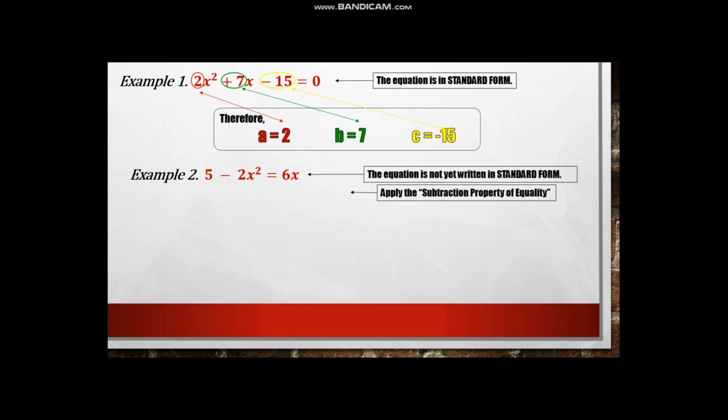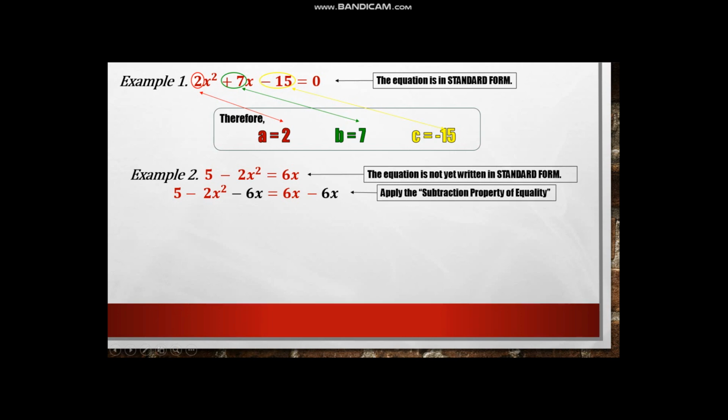Many of us are fond of using transposition, transposing terms to the other side of the equation, but the real reason why we have that method is because of the subtraction property of equality. So this is how we do this. The main purpose or our goal here is to make the right side of the equation equal to 0.